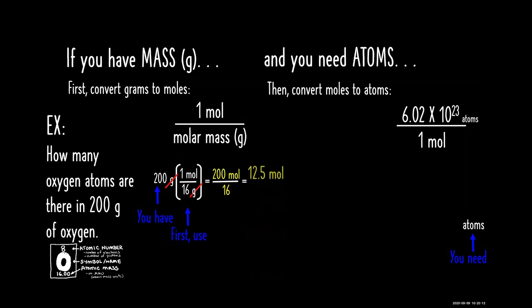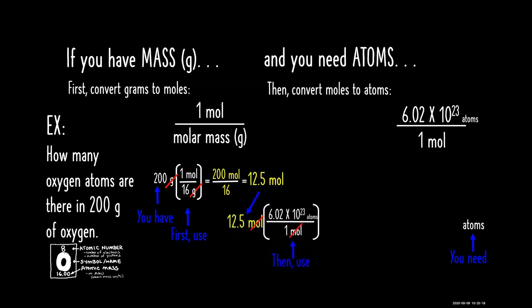And your answer works out to be 12.5 moles. Take that answer and multiply it by the conversion factor of Avogadro's number over moles. And your answer becomes 75.25 times 10 to the 23rd atoms.